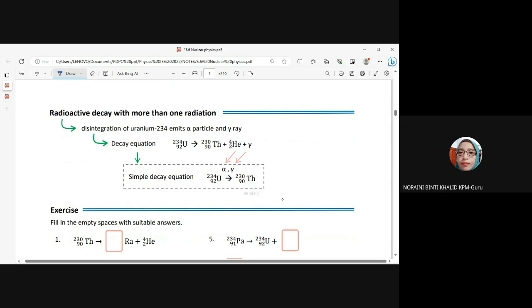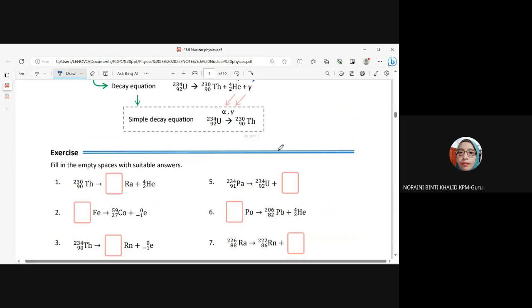You can see here it releases alpha and gamma at the same time. So sometimes it emits more than one. Uranium-234 92 become thorium 230 90. If you check carefully, you can balance the nuclear number left and right and the proton number left and right.